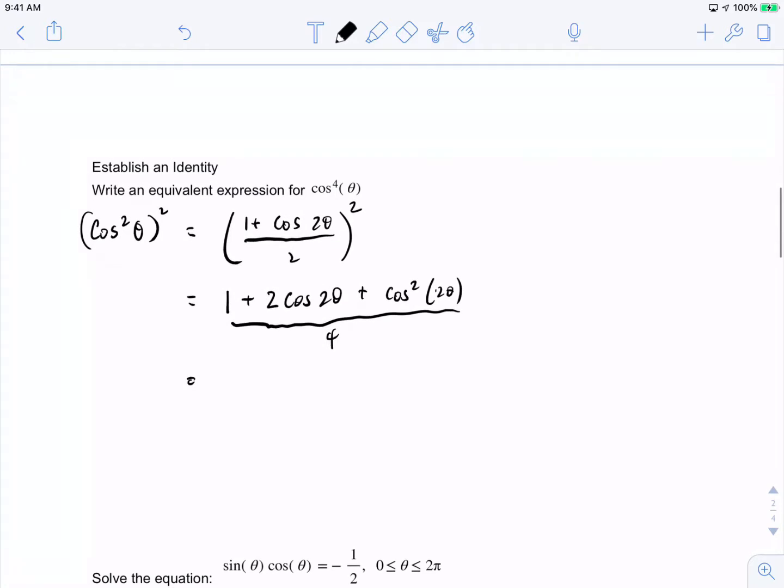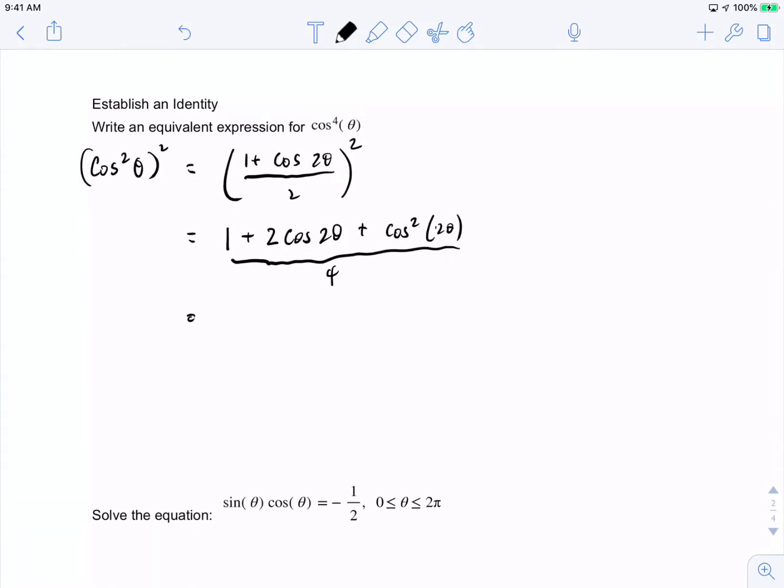Well, we can do a further power reduction, so we're going to get 1/4 plus 1/2 cosine of 2 theta plus 1/4, and then we're going to do a reduction to this, so that will be 1 plus cosine, and then it's double the theta, and it's already 2 theta, so it's going to become 4 theta.